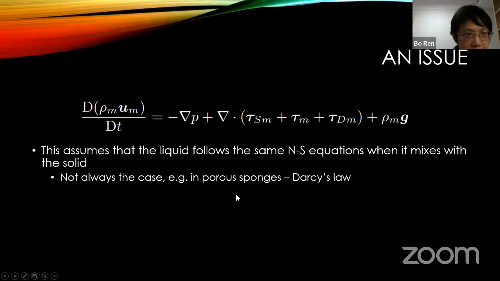So there's an issue here because this solid model still assumes that the liquid follows the same NS equations when it mixes with the solid. Well, this is not a very big problem if we are treating sand-like materials, because they can be considered as fluid as well when we trigger them.